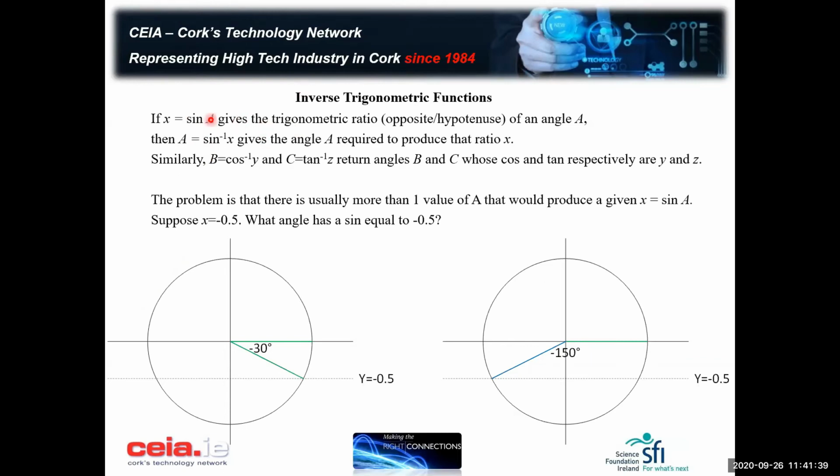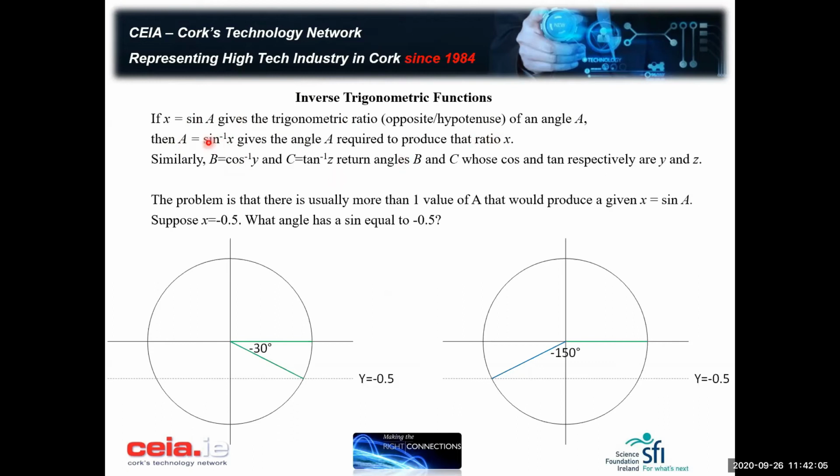So you put an angle into the function, you get the ratio out. Inverting that process, which is taking the inverse sine, you put that ratio x into the function, and it returns the angle, a in this case, which would produce that ratio, that sine.